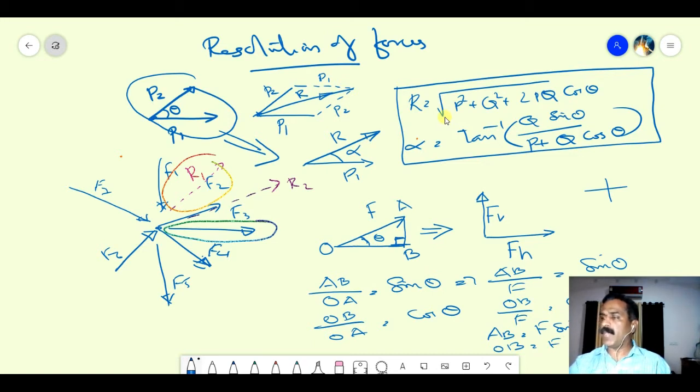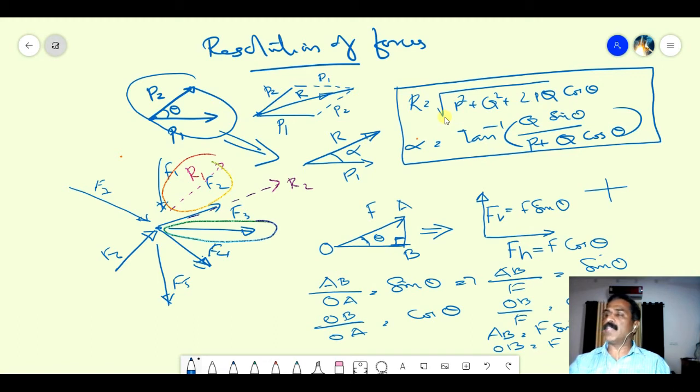So what are AB and OB? AB and OB are the components of the force F along horizontal and vertical directions. So FH is equal to F cos theta and FV is equal to F sin theta.